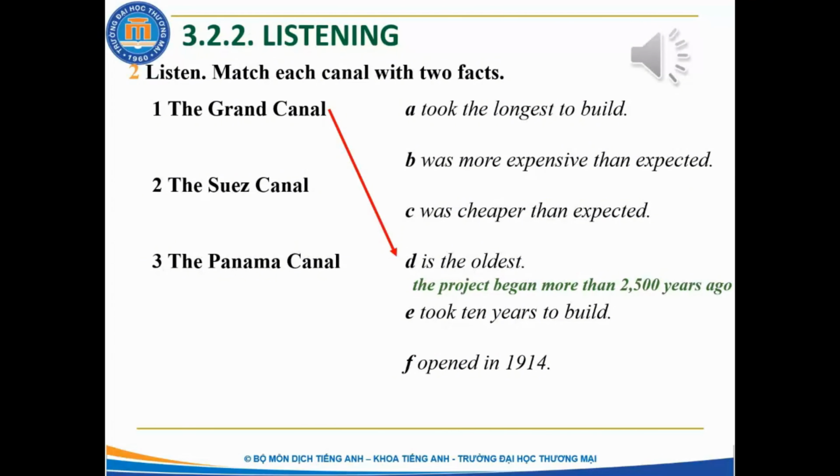Tiếp theo là A, took the longest to build. Các bạn có nghe được thông tin là đã mất bao nhiêu lâu để xây dựng cái kênh đào này không ạ? It took over a period of 1,700 years, khoảng 1.700 năm để hoàn thành cái kênh đào này. Right.